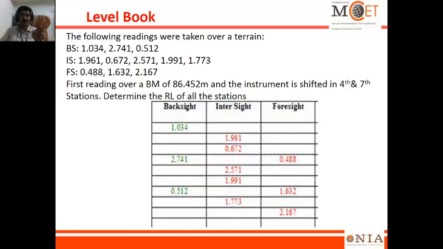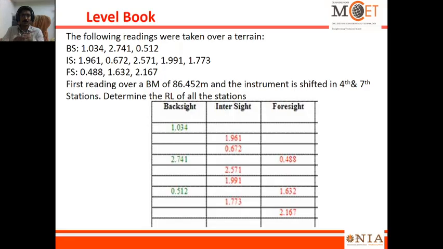While doing the experiment, you will have the imagination of what you have seen and you can write it properly. But when the problem is given like this, you have to tabulate it properly. If you change the order, say backsight, intermediate, foresight, backsight, you will still get some answer, but whether it is right or wrong, we have to check.